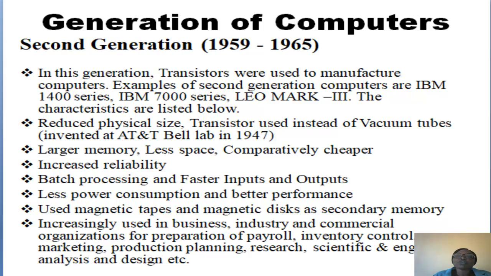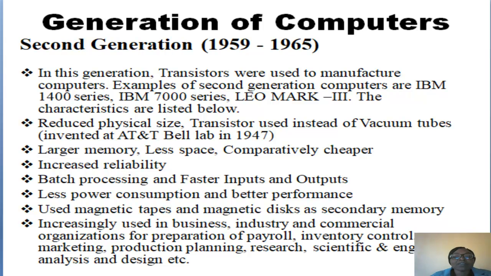We mentioned vacuum tubes in the first generation, but in this second generation, they make use of transistors. They have larger memory than the first generation of computers. They occupy less space. They are a little bit cheaper than the first generation.